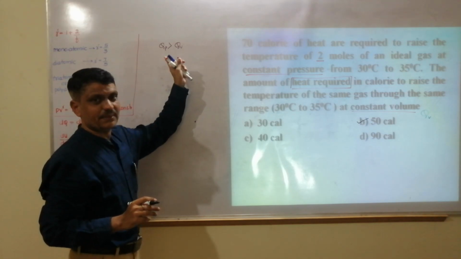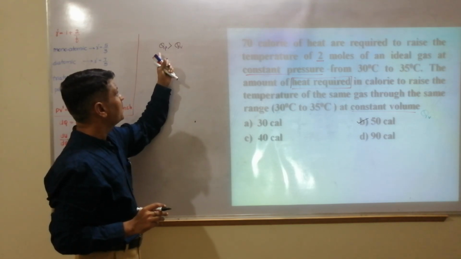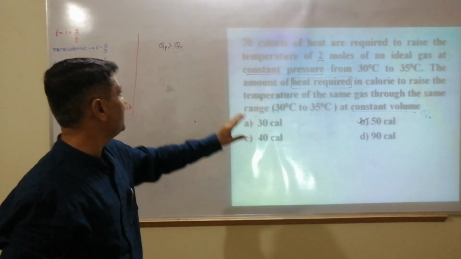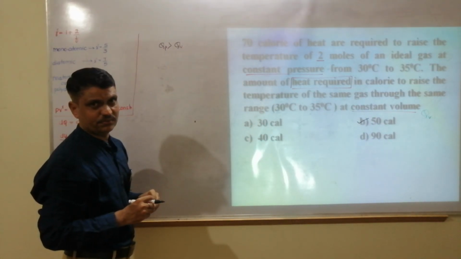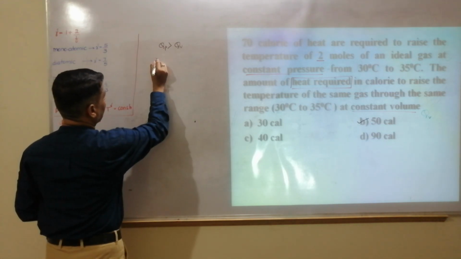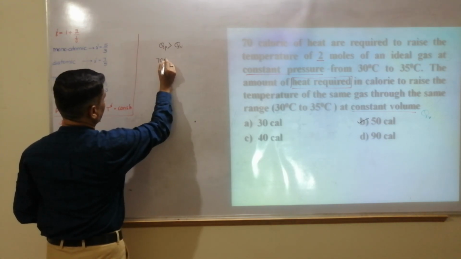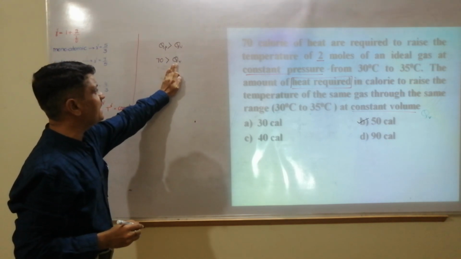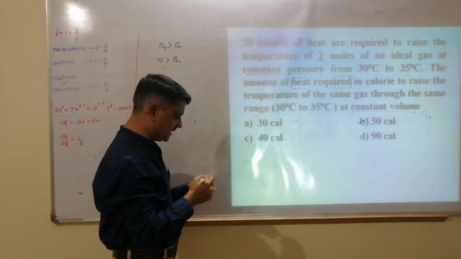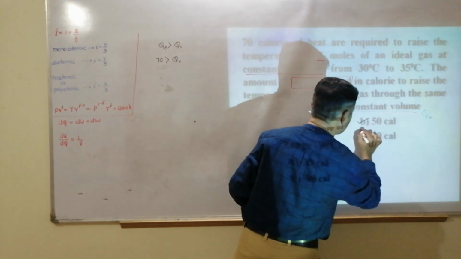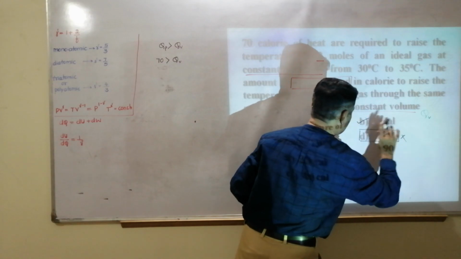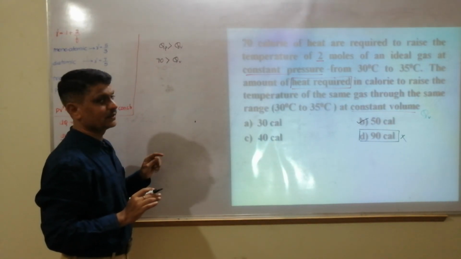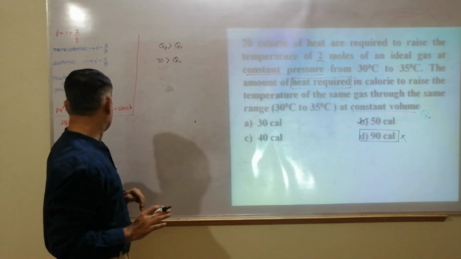To raise the same temperature, the heat energy required at constant pressure is greater than the heat energy required at constant volume, right? So today it is given as 70, this is QP, means our expected answer is less than 70. Less than 70 means this 90 calorie is not possible. Directly we can cancel.